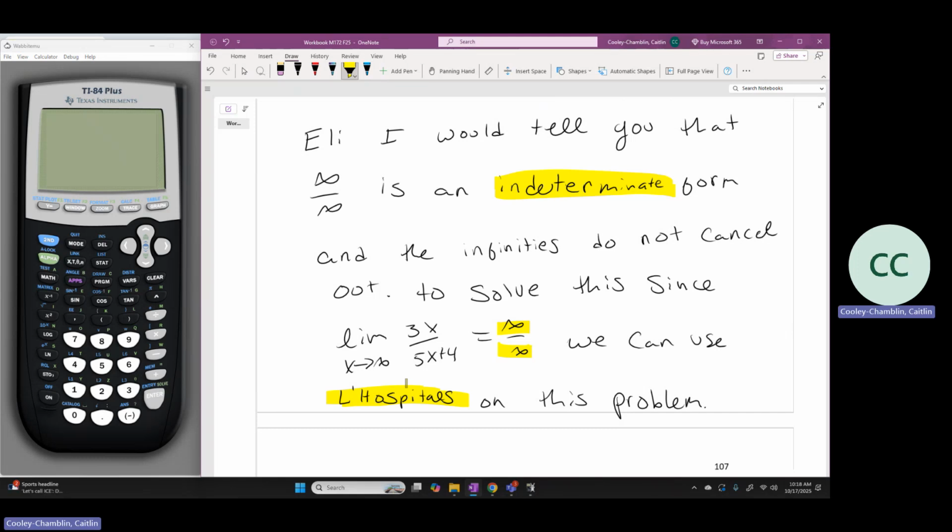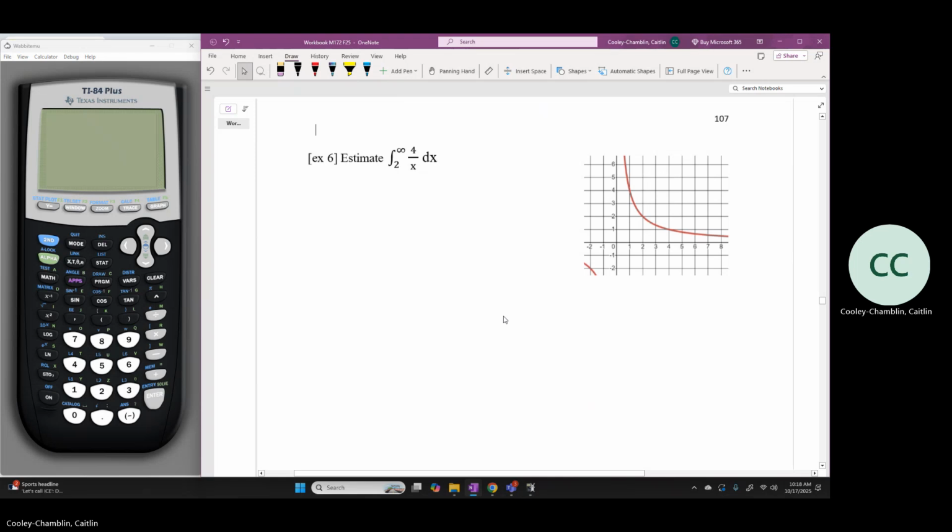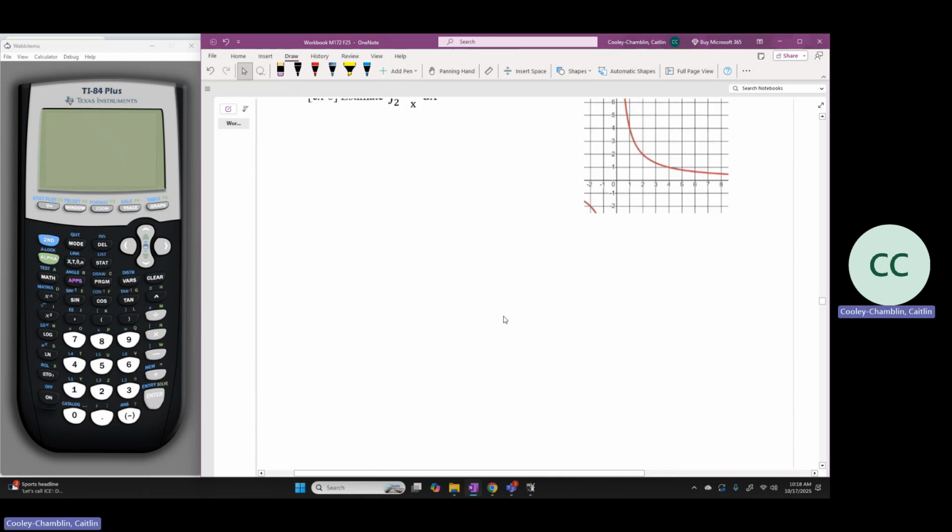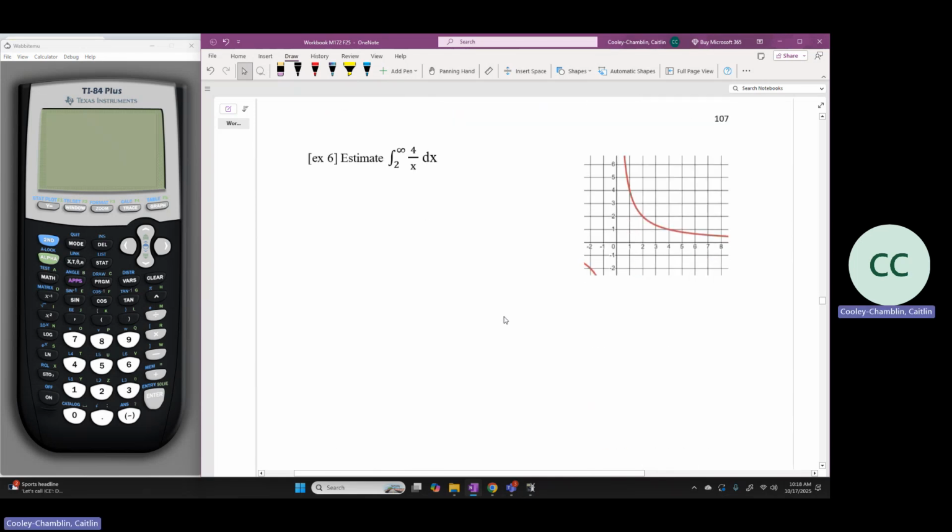All right. So let's go ahead and look at some improper integrals. So I want to note here, first off, it says example 6, evaluate the integral from 2 to infinity of 4 over x dx.